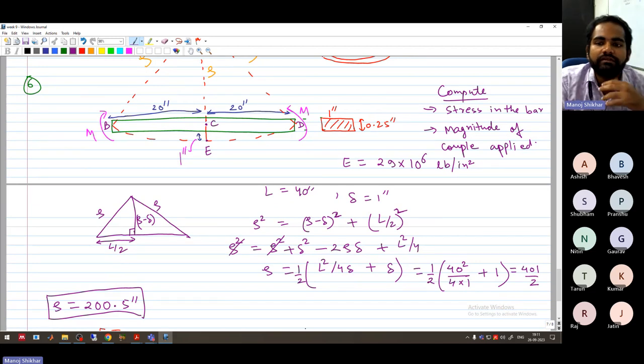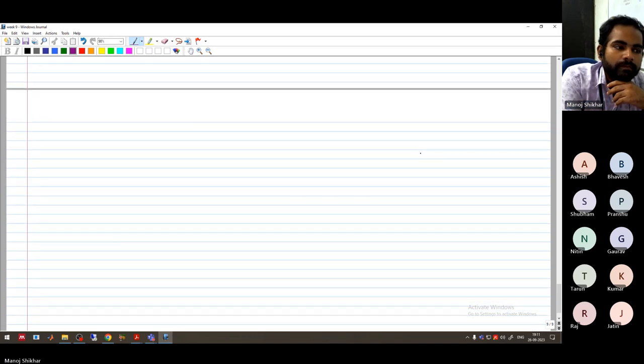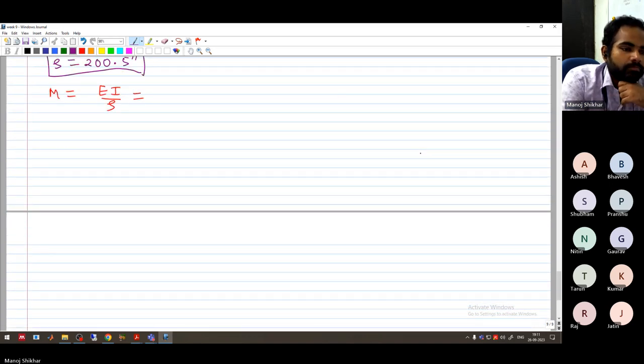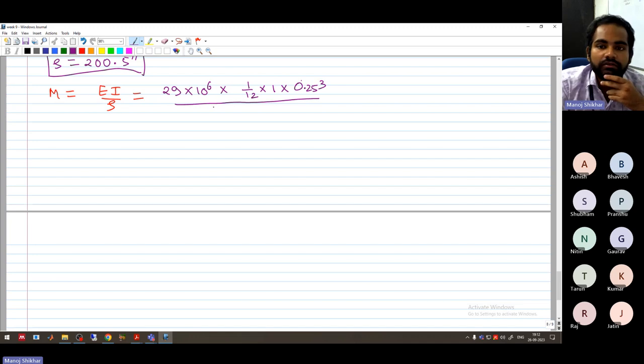So they have given E equal to 200 GPa. If you convert it, you will get this value in lb per inch square: 29 into 10 power 6, into I, which will be 1 by 12 into B is 1, H cube is 0.25 cube, divided by rho, we have got 200.5.